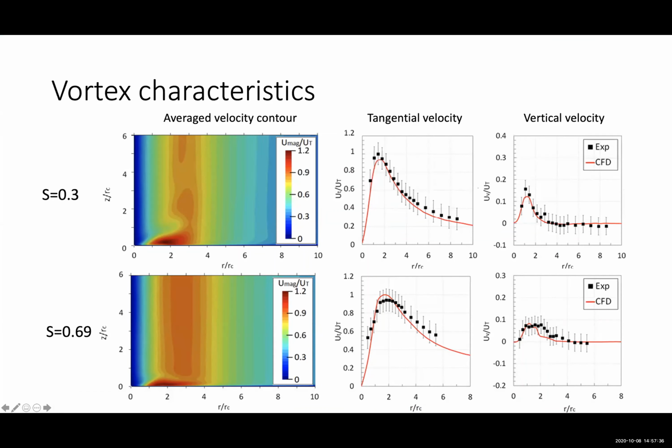Again, black points represent experimental data. The whiskers show the degree of uncertainty that we have, and it's actually quite a lot. And the red line corresponds to the simulations. Same for tangential velocity in the center, and same for the velocity contours. So in many respects, it's what you would expect to see, particularly on the tangential velocity distribution, almost linear within the core, and then gradually dying off.